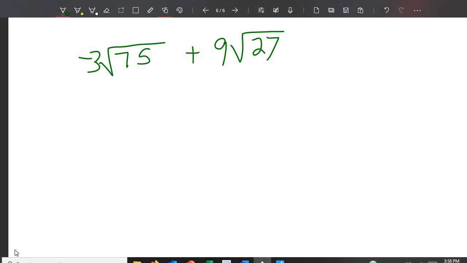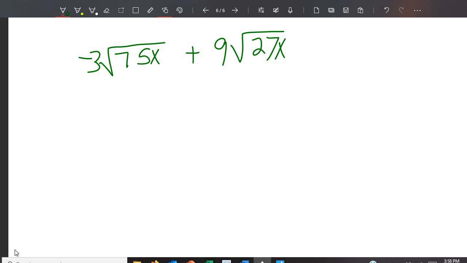Let's say I had negative 3 square root of 75 plus 9 square root of 27. Actually, let's throw an x in there. Why not?